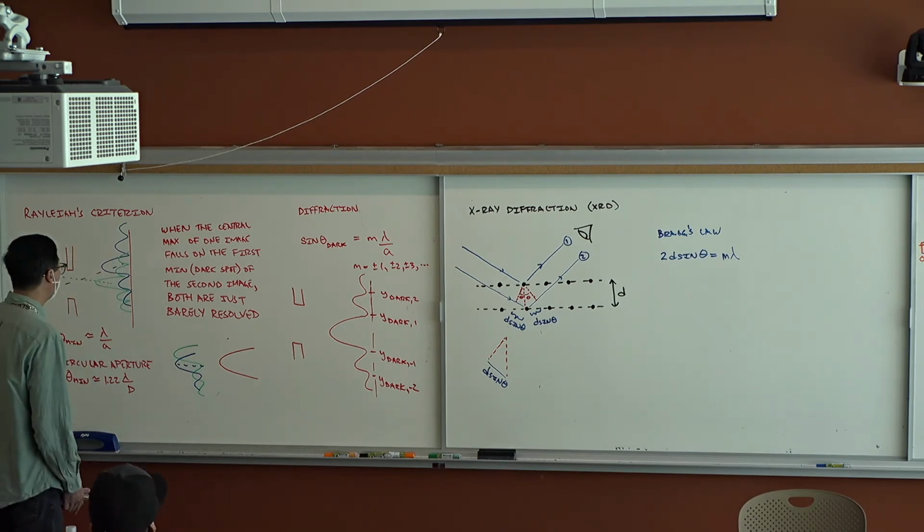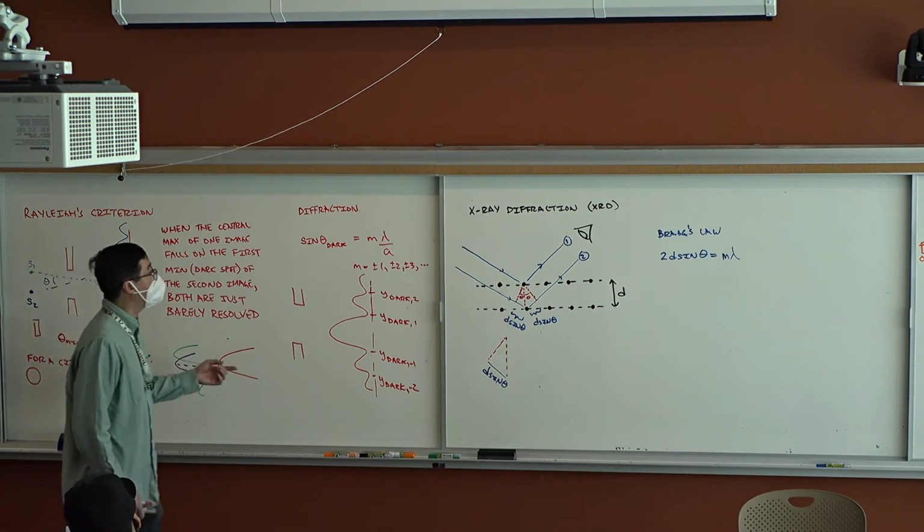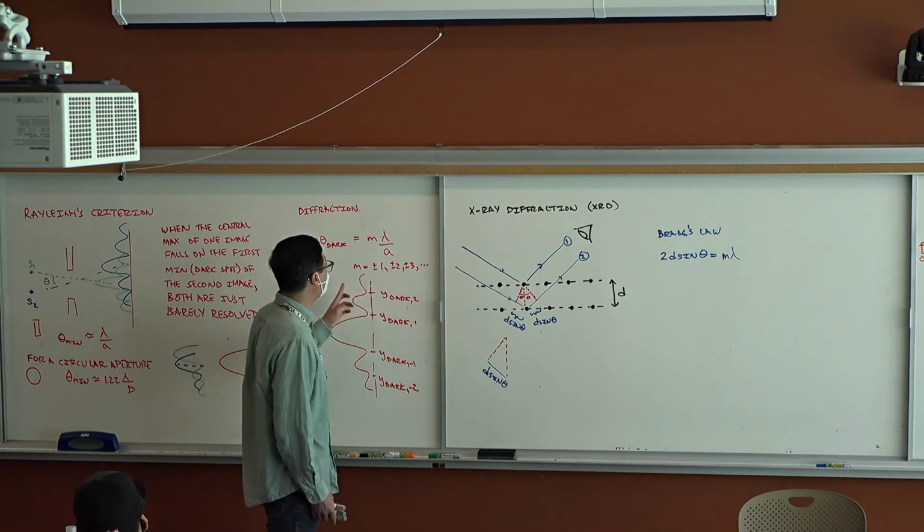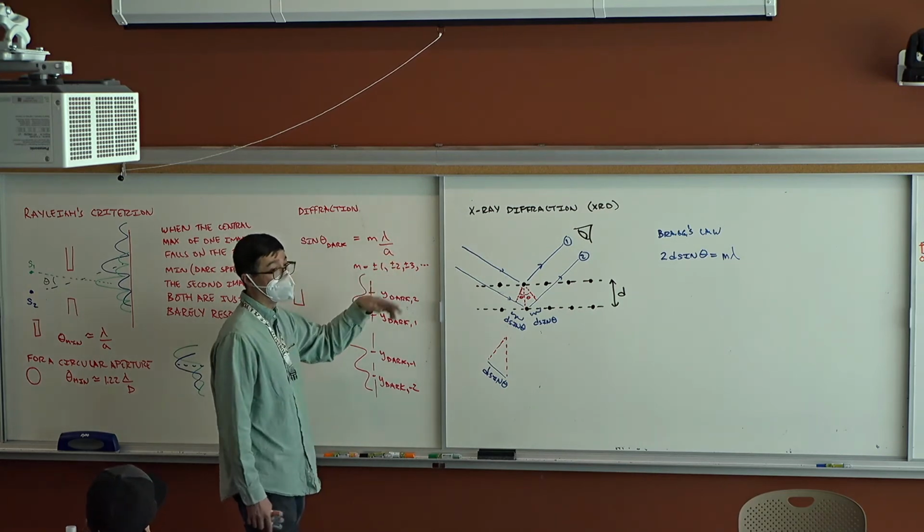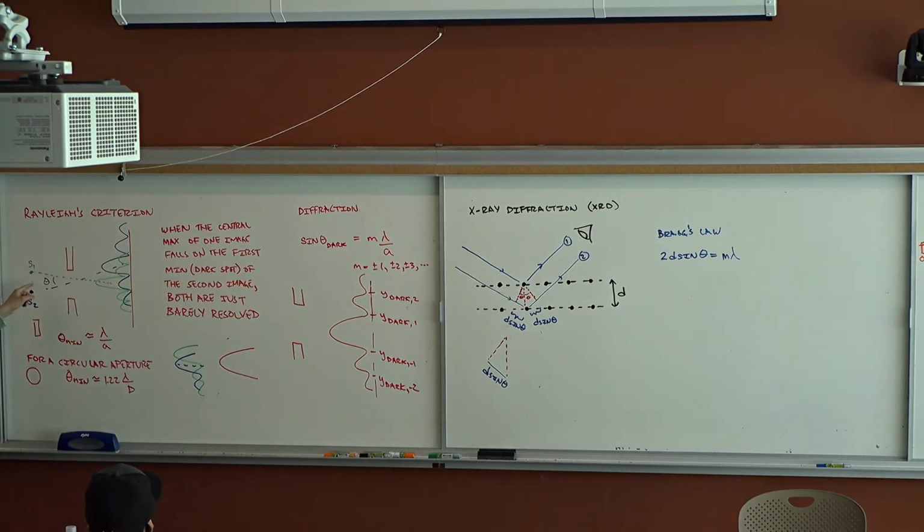Since the first minimum shows up at lambda over A, you can't shift the central peak of one of them by less than lambda over A without having it become blurry. Oh, okay. Maybe it would have been smarter if I had let one of these be straight on and let the other one be angled off the side. Maybe that's more visible. It's not what I did.